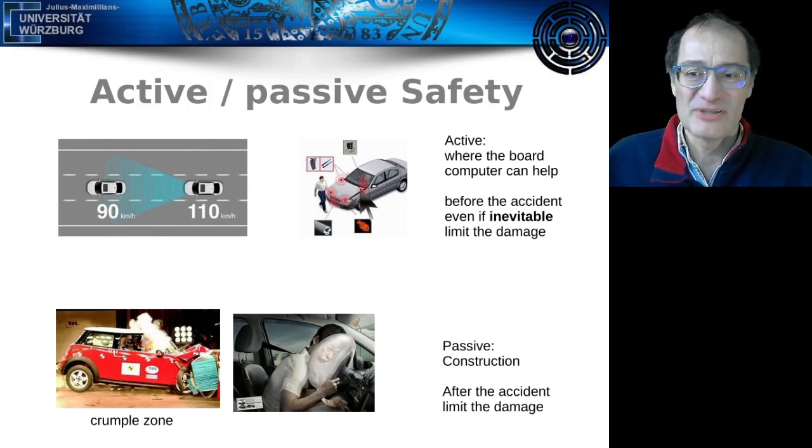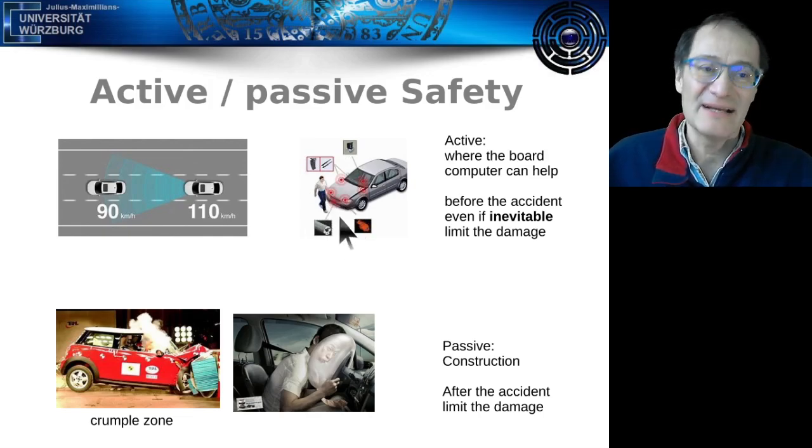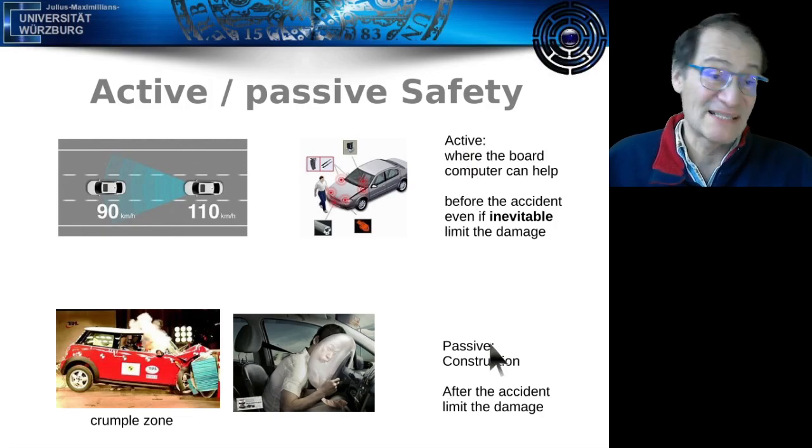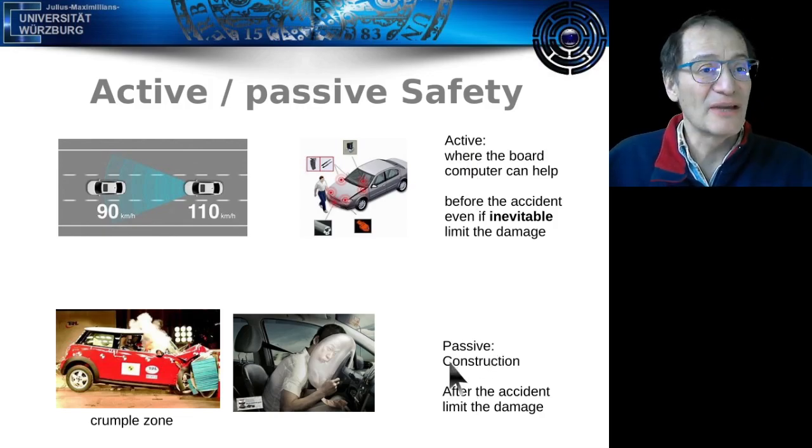Or you have sensors all around the car to detect if someone is moving around the car, and if someone is moving or some unexpected things are moving here, make a brake. So this will be an active measurement for active safety. Then we have passive safety, and this is done by construction.